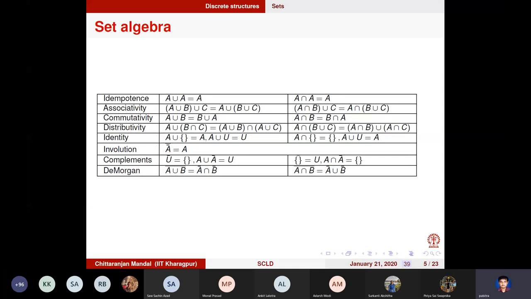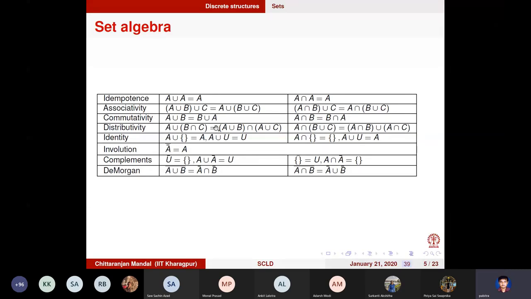And then you have distributivity. You usually say that union distributes over intersection. That means if you have A union within brackets B intersection C, it's just like whatever you have done in normal arithmetic, integer arithmetic or floating point arithmetic, in high school algebra over numbers, a similar thing happens in set algebra also.